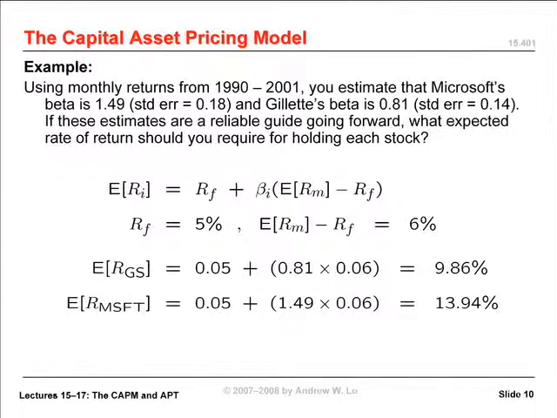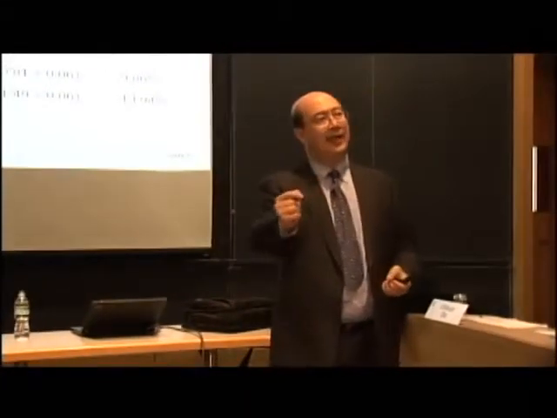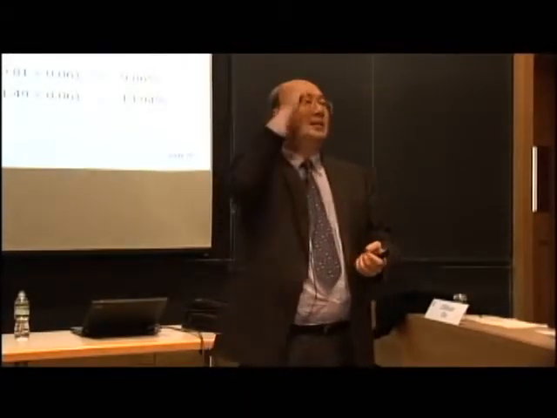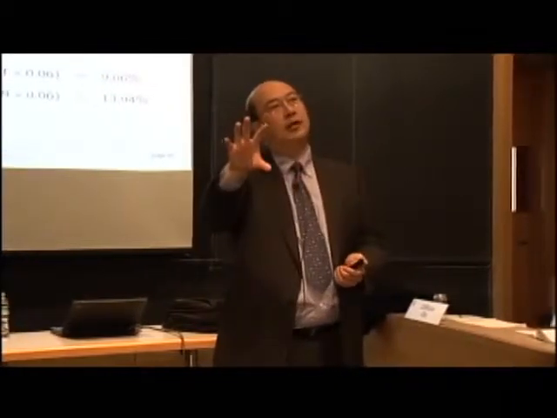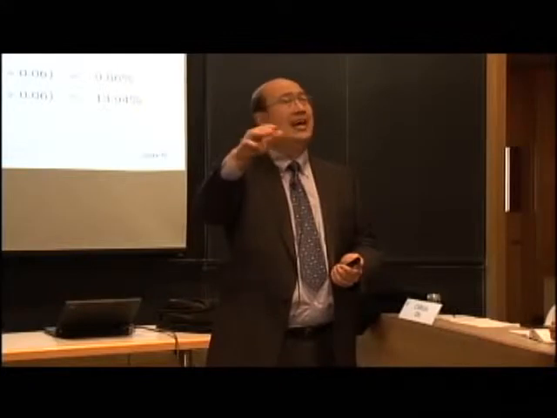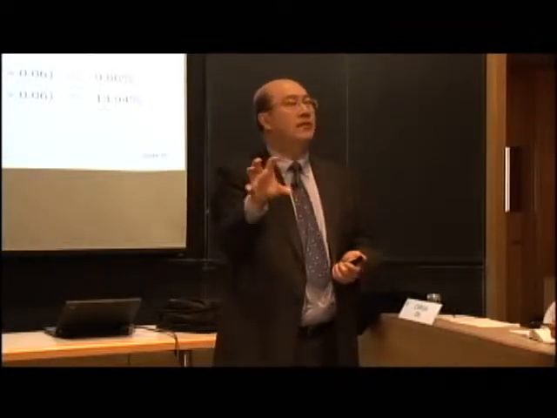Now, let's not even look at the next set of numbers for a moment and just talk about those two numbers, 1.49 and 0.81. Does that make sense to you? Let's think about what that's saying. 1.49 says that the covariance between Microsoft and the market portfolio is actually a lot higher than the variance of the market itself.